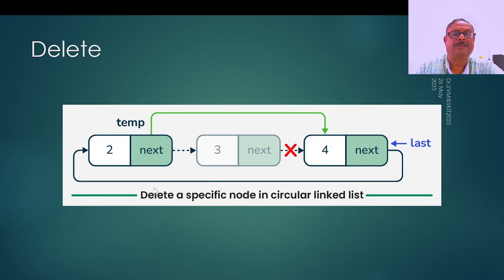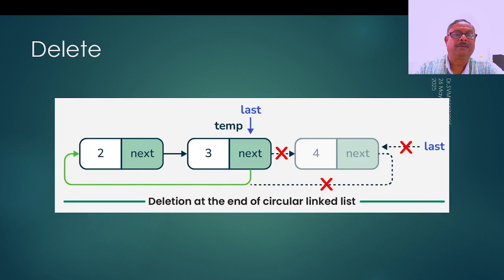That's the only change we have. All other things will remain the same. Inserting a new node, deleting a node, searching in the circular linked list, or traversing in a circular linked list will be the same.